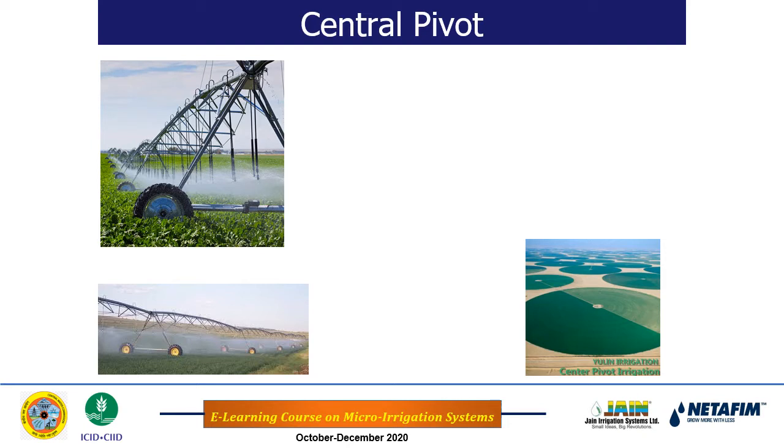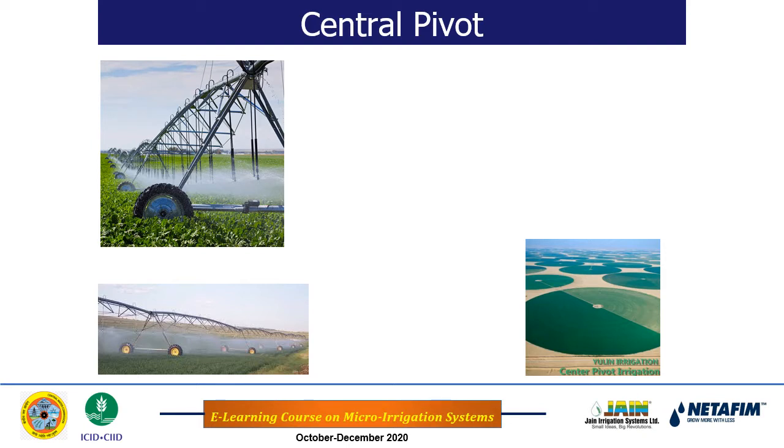And in this case, this long arm moves in a circle, and while it moves in a circle, the nozzles which are pointed towards the land surface sprinkle water over the land surface or canopy, as you see in the figure below this first figure.